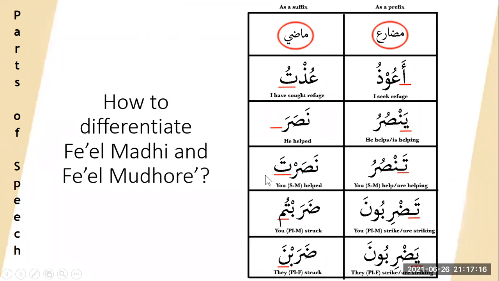Nasarta, you have helped. Okay, nasarta, the ta is at the back. Here ta is in front. If the ta or the indicator of the pronoun is in front, it is mudari. If the indicator of the pronoun is at the back of the word, like darabtum, darabna, darabtum, so it's the fi'l madi.